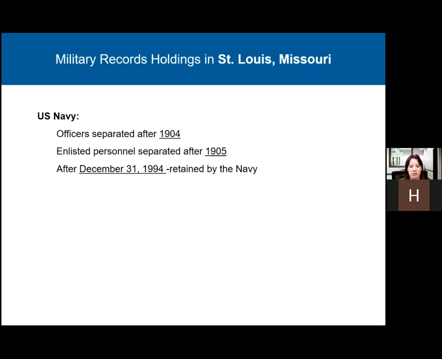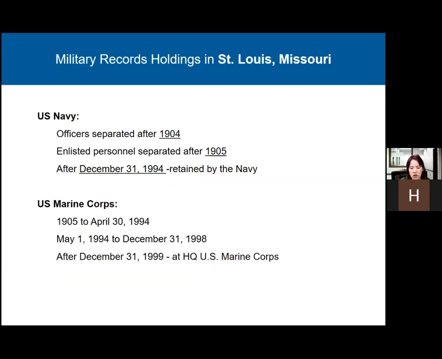For the Navy, they have officers' records for those separated after 1904, enlisted after 1905, and records after December 31st, 1994 are retained by the Navy. For the Marine Corps, they have records between 1905 to April 30th, 1994, as well as May 1st, 1994 to December 31st, 1998.